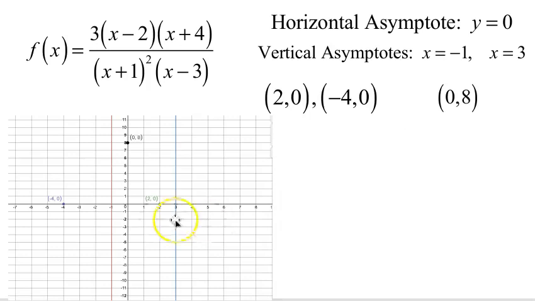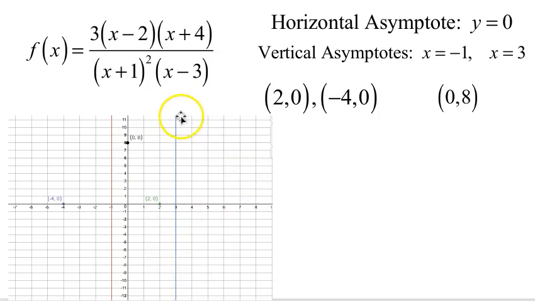So everything is labeled. X-intercept, x-intercept, y-intercept, asymptote here, asymptote here. So we might guess how this is going to behave. It certainly appears as if it's going up this way, so I would assume it's going down this way. X equals 3 is an order 1 asymptote, so it can't be going down.